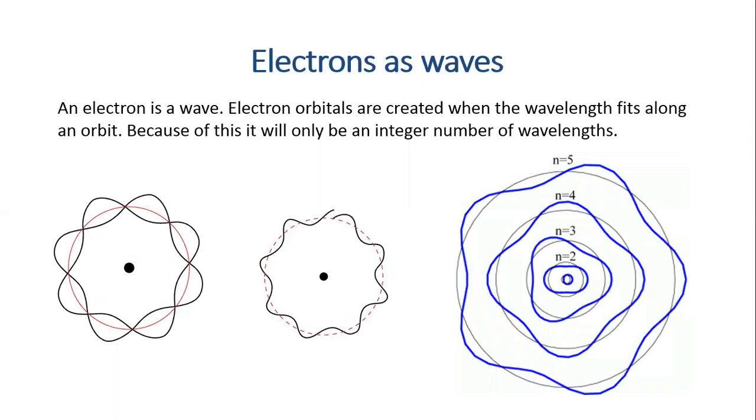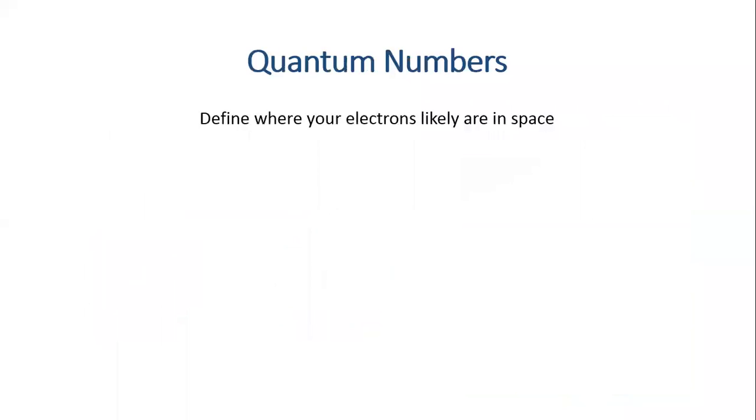So on the right here, this is an example of the different electron orbitals, and you can see the different wavelengths that go along each one of these orbitals. And as our electron travels along these wavelengths, we can see that there's only a certain integer number that we can have. Now we're going to jump into our quantum numbers.